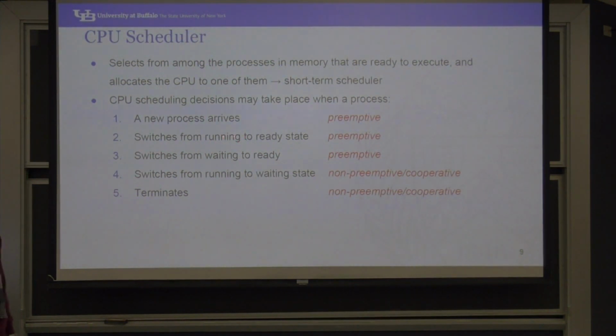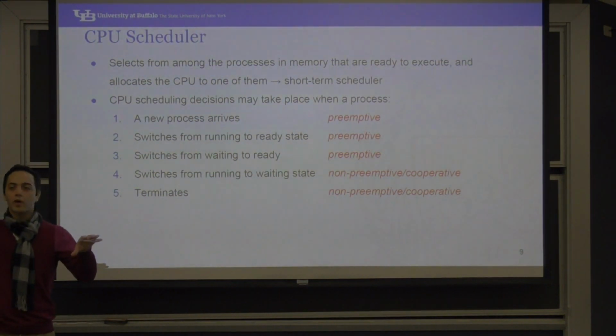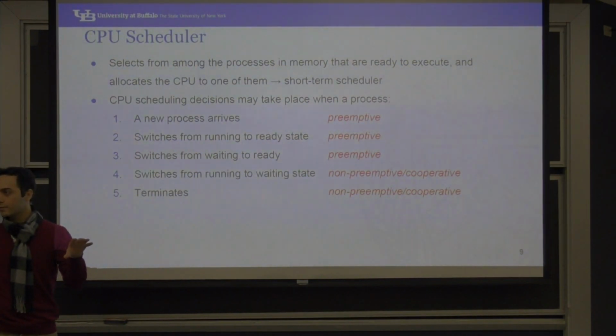We're going to talk about each of them now. So I think this is clear. When a new process arrives, a scheduler might schedule it. And this is preemptive, meaning if another process is running and a new process arrives, this is involuntary for the running process. So if the schedule happens, it has to preempt the running process, okay?